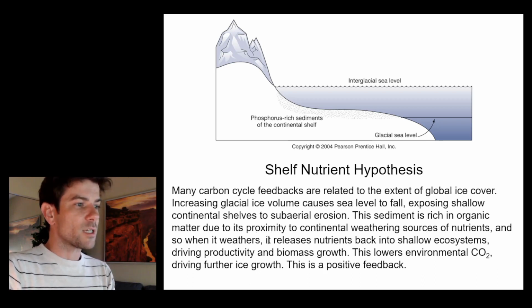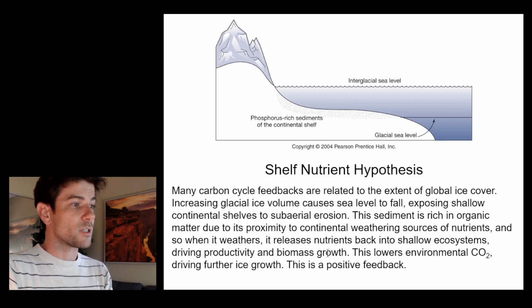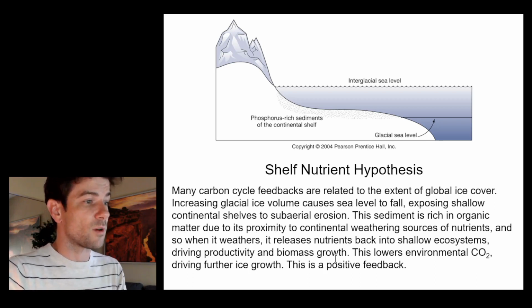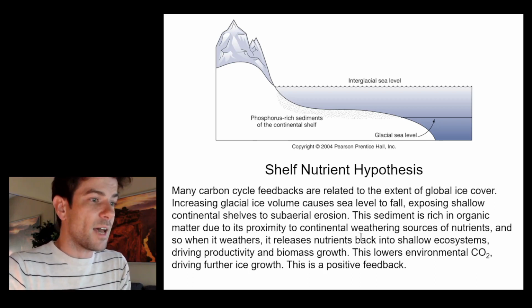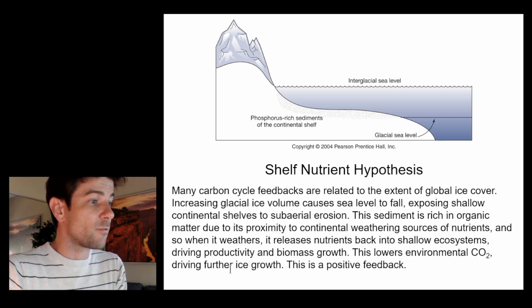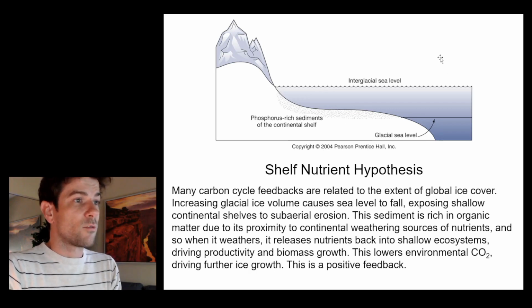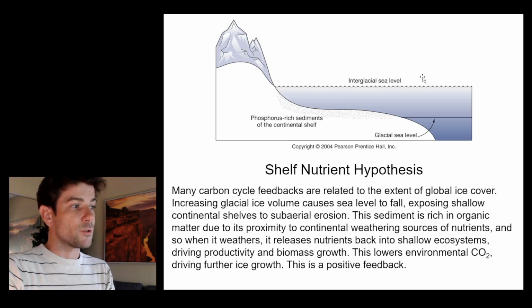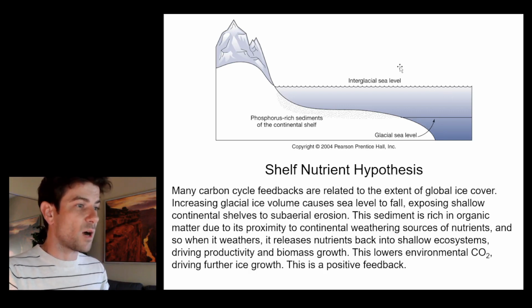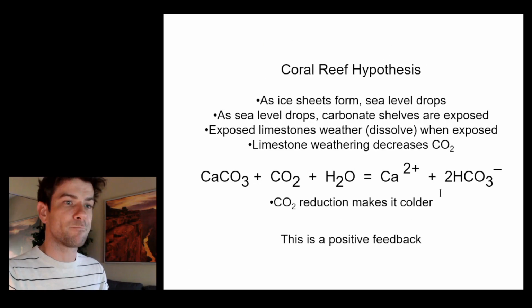And so when it weathers, it releases nutrients back into the shallow ecosystem, driving productivity and biomass growth, right? So that increase in productivity lowers environmental CO2, lowering temperature, driving further ice growth, which causes sea level to drop further, exposing more of these sediments, which drives productivity further, reducing atmospheric CO2 and making temperatures go down. It's a positive feedback, right?